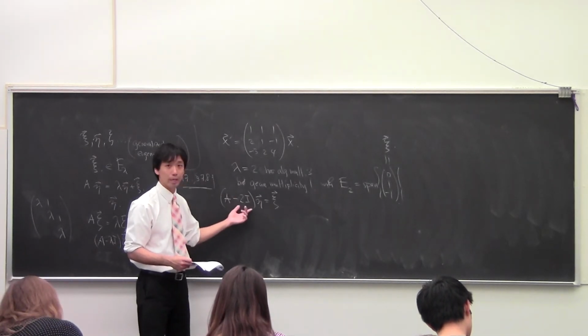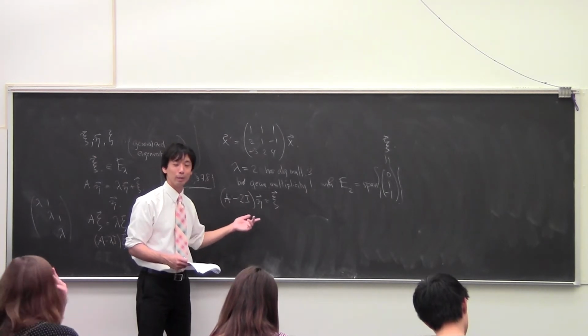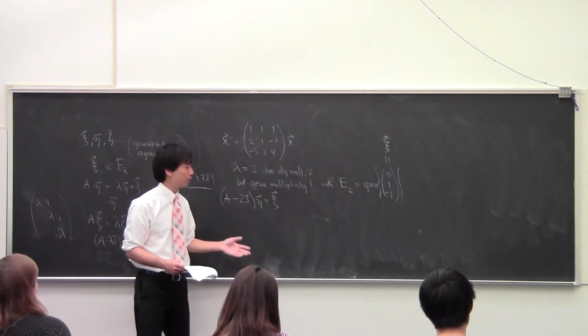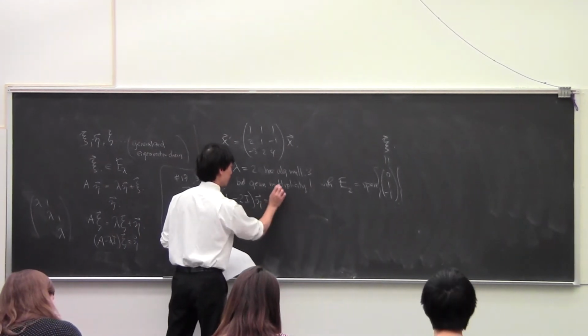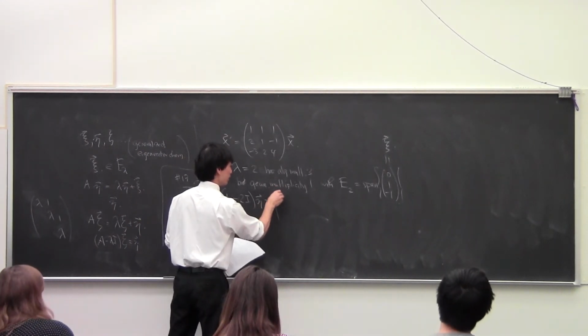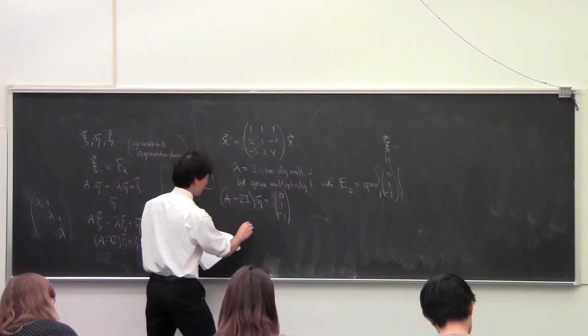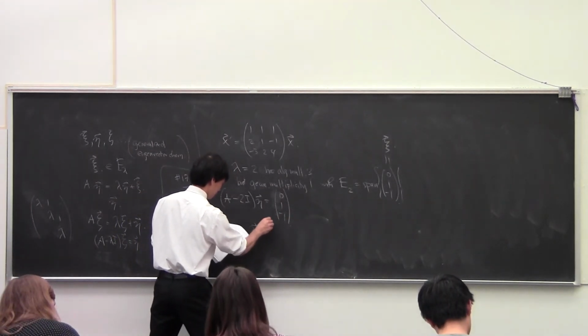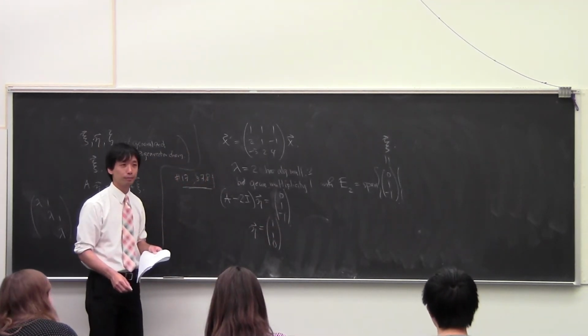Okay, and then you just say, I'm going to need a generalized eigenvector chain. So let's look for the first one. You let this equal 0, 1, -1, and then you solve it, and hopefully, if I did it correctly this morning, it turns out that eta being 1, 1, 0 will do.